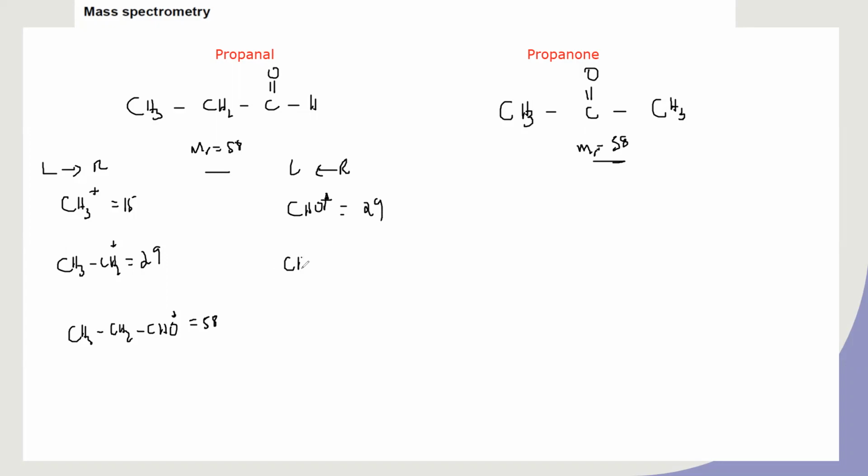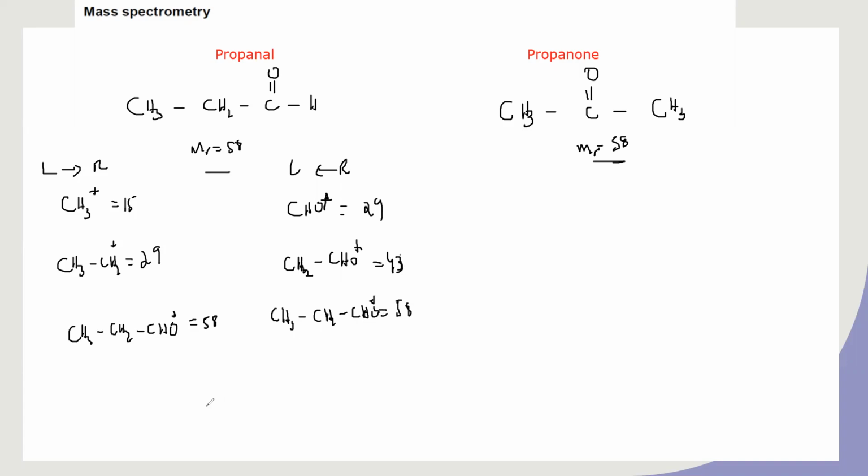Or it will be CH2, CHO, so this is 29 plus 14, so we'll get a peak at 43. And then the whole molecule together, CH3, CH2, CHO, so this was 43 and we'll get 58.